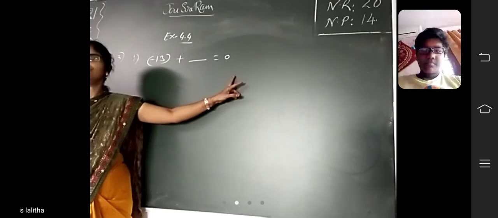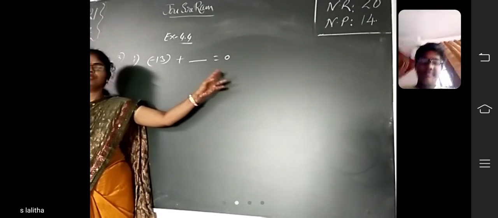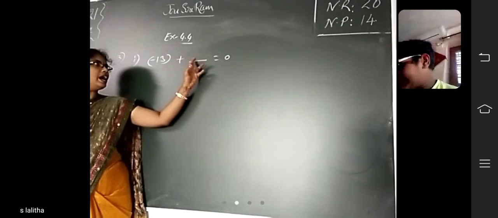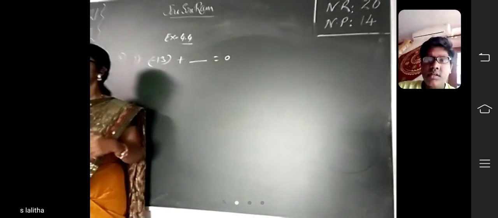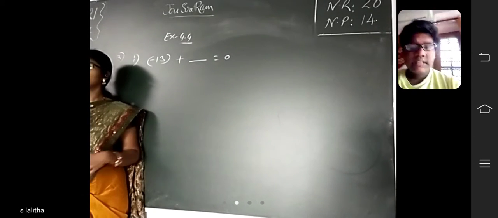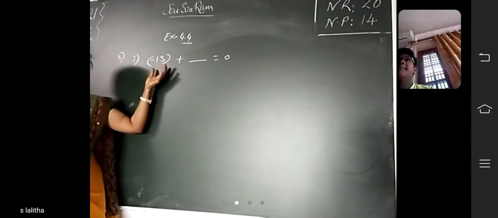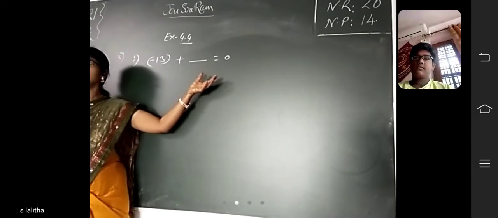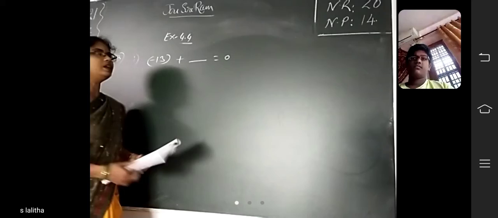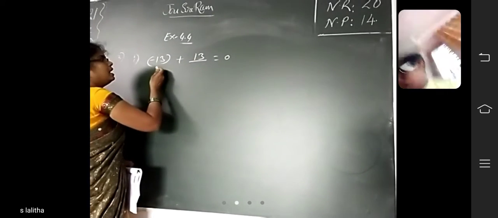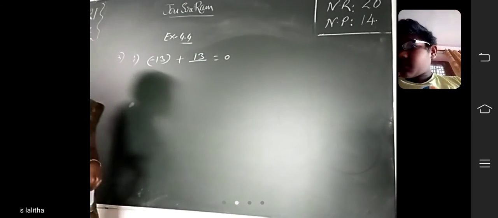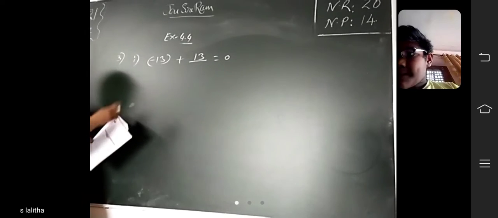So what is 0 here? Which number should you add to -13? We will get 0. Which number should you add here? Plus 13. Here -13 is there now. So you should add 13. So write here 13. -13 plus 13, how much? 0.